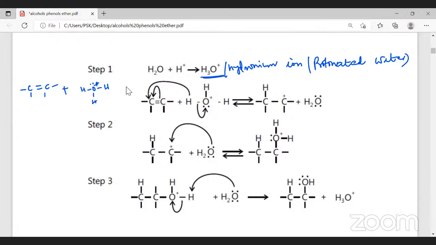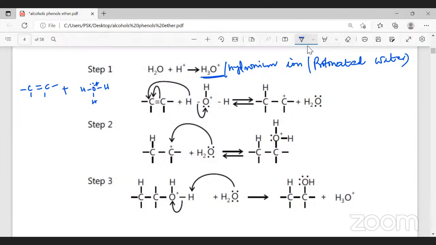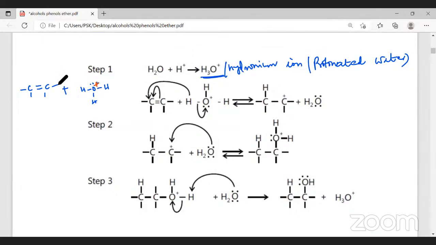Now assume that the pi bond breaks and the pi electron shifts on this carbon, so this carbon gains a negative charge and this carbon gains a positive charge. This bond shifts on this oxygen. Therefore, this hydrogen attacks this carbon.